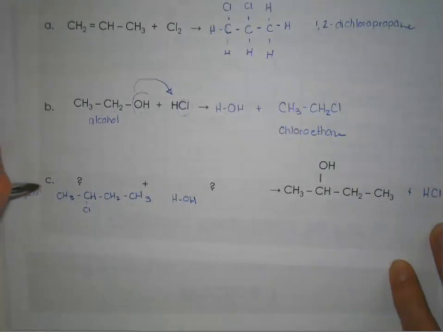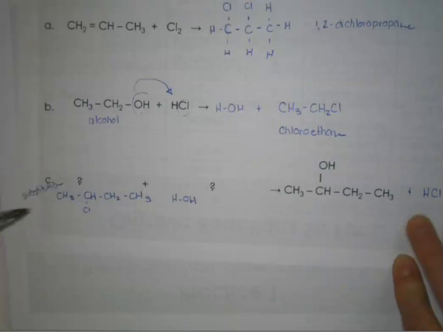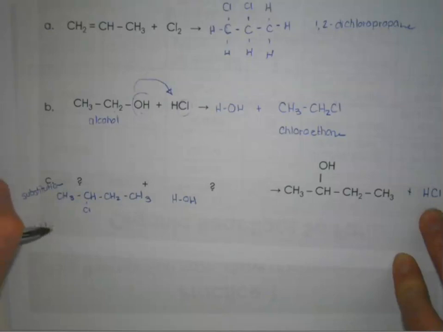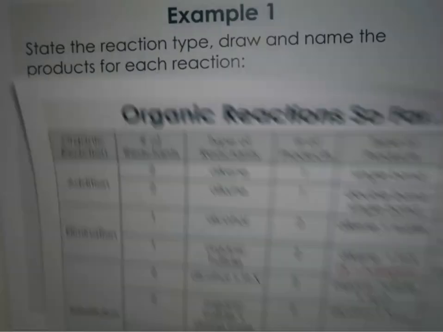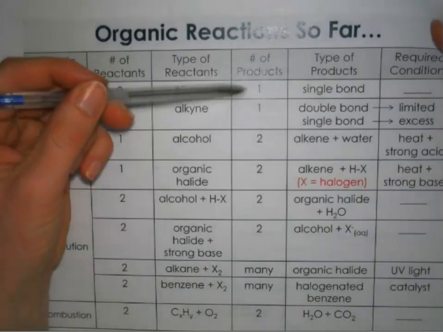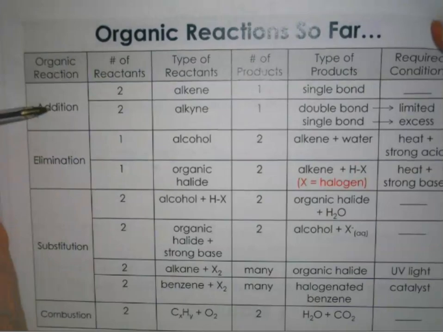Sometimes with these, you just have to try out what you can and then see if it works, and sometimes you'll catch things like that. So because they didn't show HCl, the only other option would be addition. We could have also figured that out because we only have one product, and if you look at our little chart here, the only ones with one product are addition reactions.